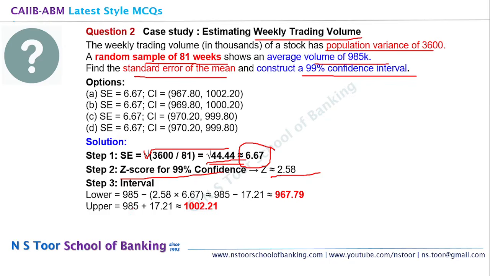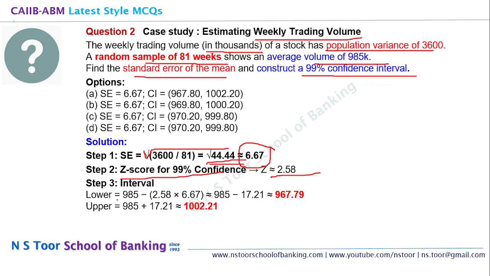So how shall we calculate what is the mean, what is the average volume for 81 week sample? Average volume for 81 week sample is 985, that is 9,85,000. They have already told us that the weekly trading volume is in thousands. So we will take into consideration as 985.